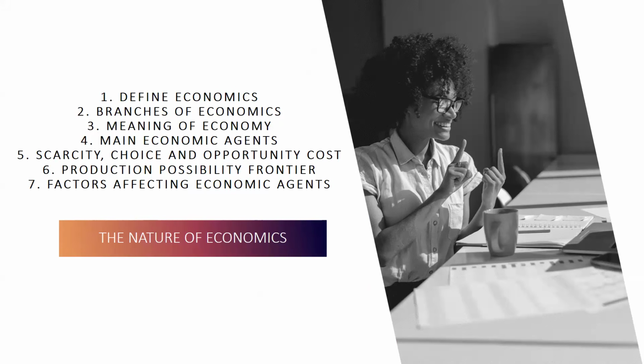We're going to look at scarcity, choice, and opportunity costs. The very first curve that you would see in economics, the production possibility frontier, also known as the production possibility curve. I realize a lot of you always forget it. And factors affecting economic agents.